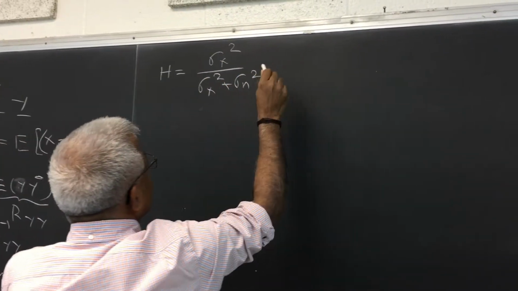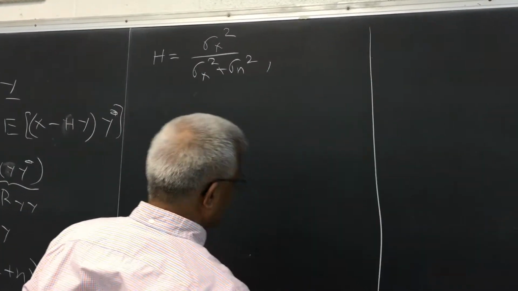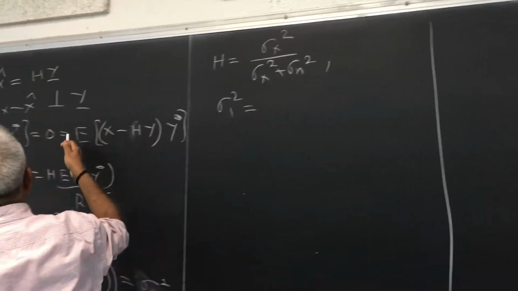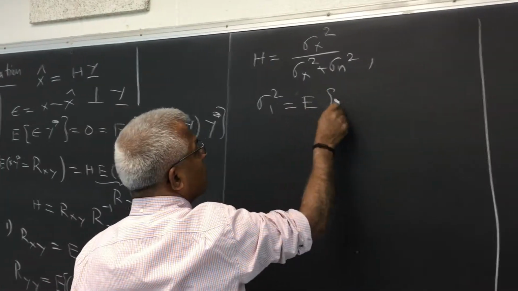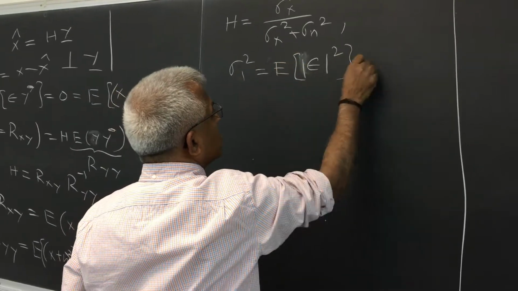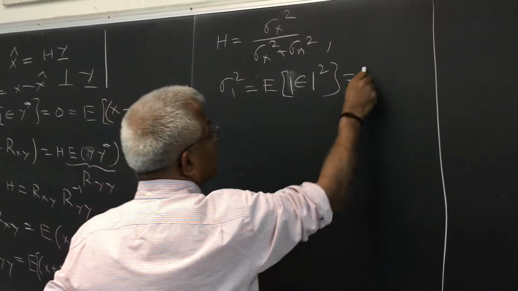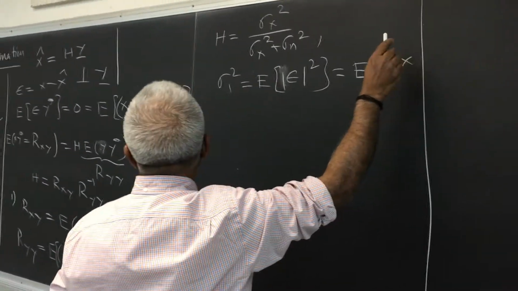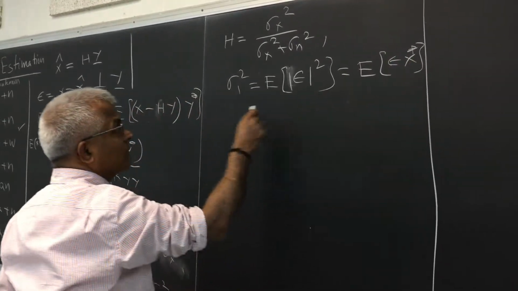And the most interesting thing is the error. I'm going to call this sigma 1 squared. The minimum mean squared error is the expected value of epsilon squared, but because epsilon is x minus x star and the error is orthogonal to the data, this is simply the expected value of epsilon x star.